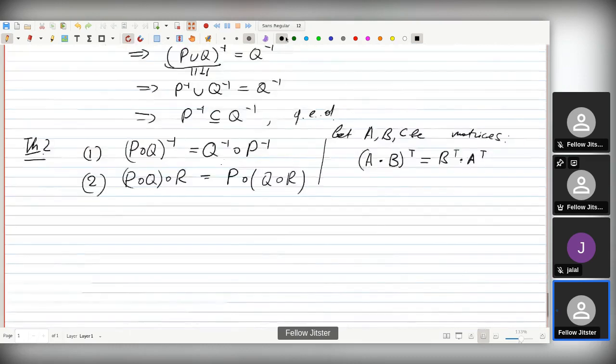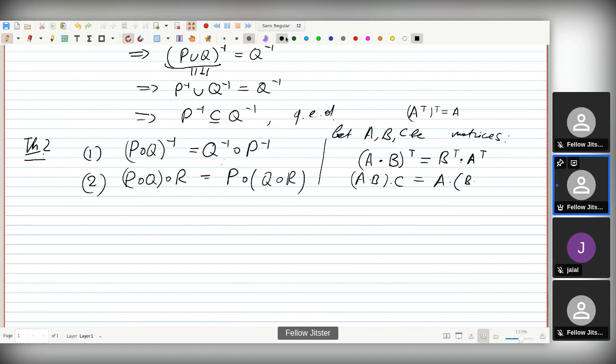It's the same matrix. So these are quite similar. And of course, the product of A and B multiplied by C is the same as this product. Interesting. Is it clear? Yes.